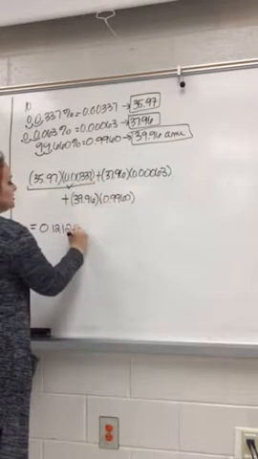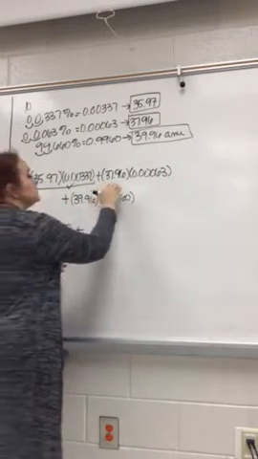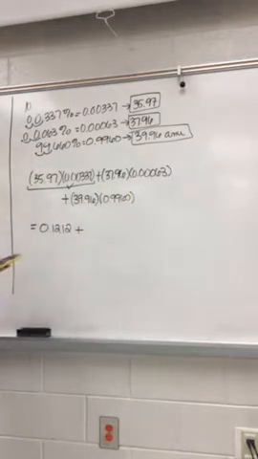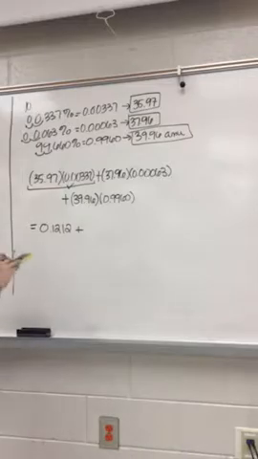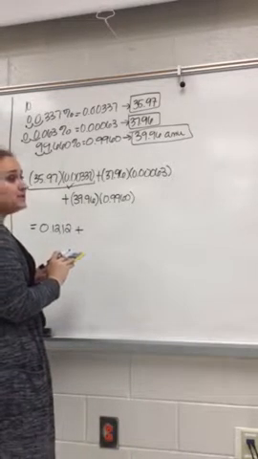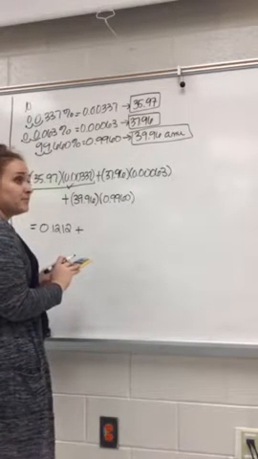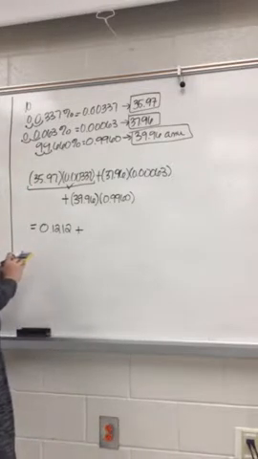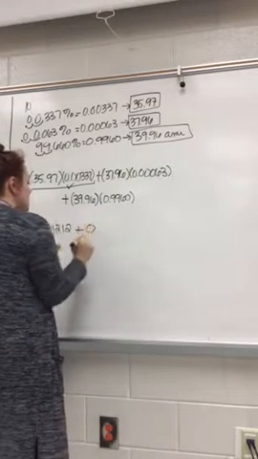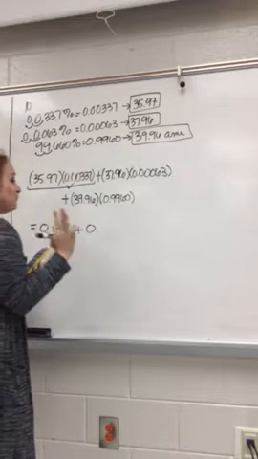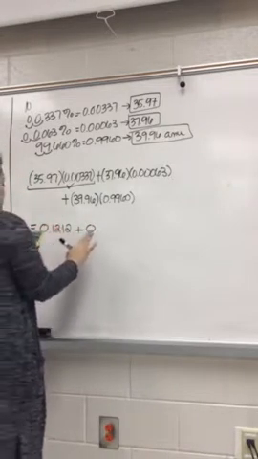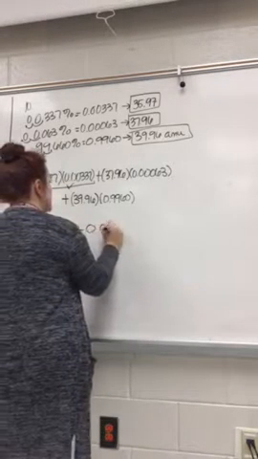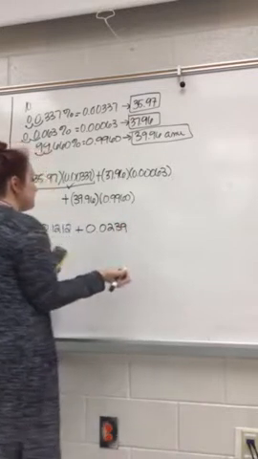Then we're going to do the addition sign, and then we have to do this group. Punch in 37.96 multiplied by 0.00063. When you do that, you are going to get some numbers, and remember, I only want 4 of those numbers after the decimal place, so it becomes 0.0239.